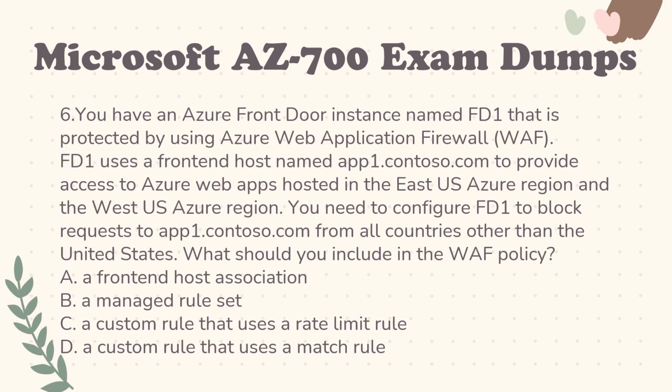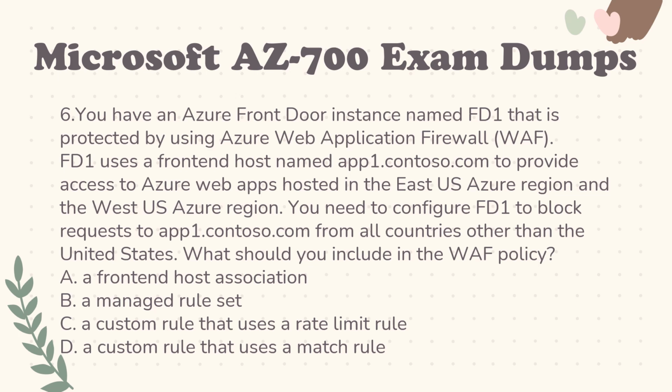6. You have an Azure Front Door instance named FD1 that is protected by using Azure Web Application Firewall (WAF). FD1 uses a front-end host named app1.contoso.com to provide access to Azure Web Apps hosted in the East US Azure region and the West US Azure region.